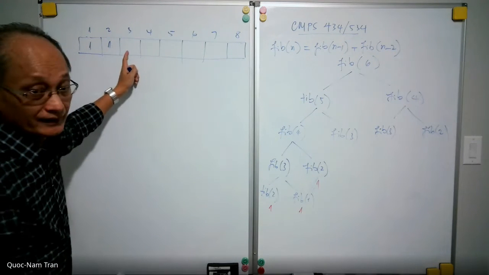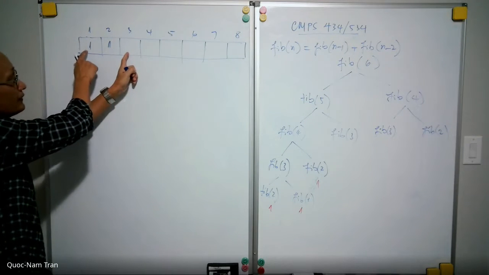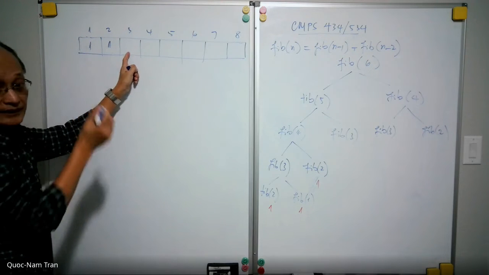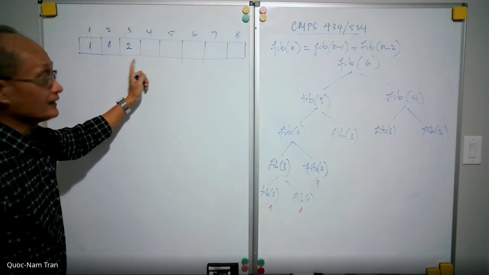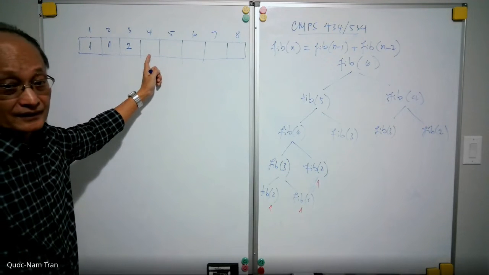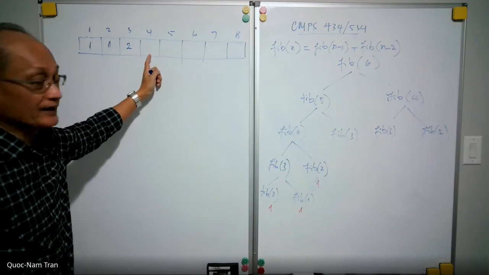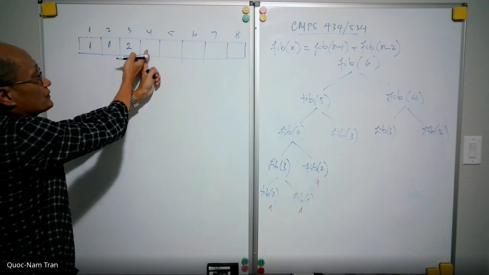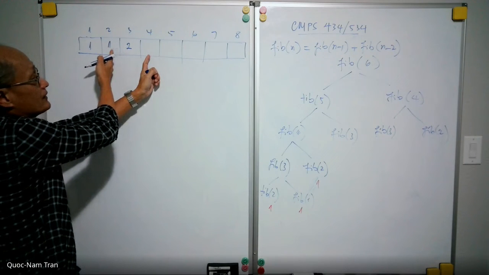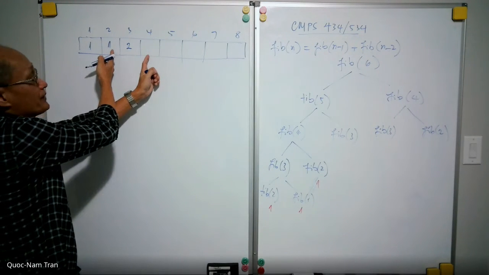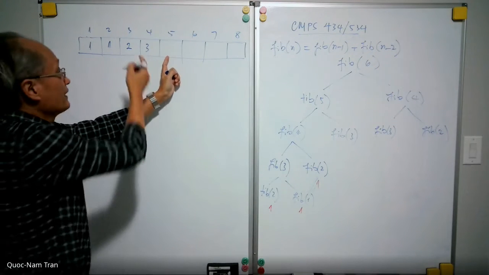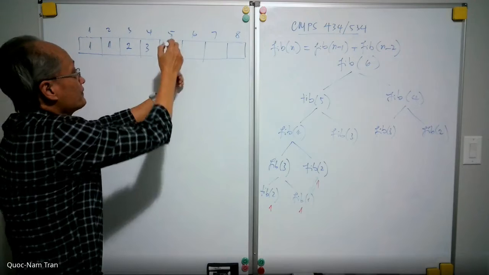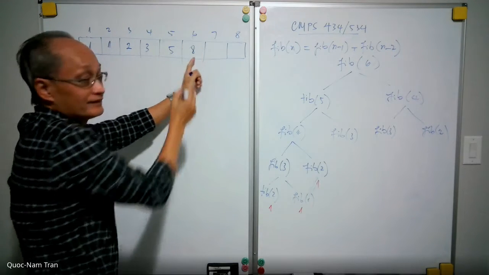So for the next one, I simply add the previous 2 values. Here we have 2, right? And then we go to the next. We don't have to repeat anything, but simply use the previous result, add them together, we have 3. Go to the next, add them, we have 5. Next, 8, right?